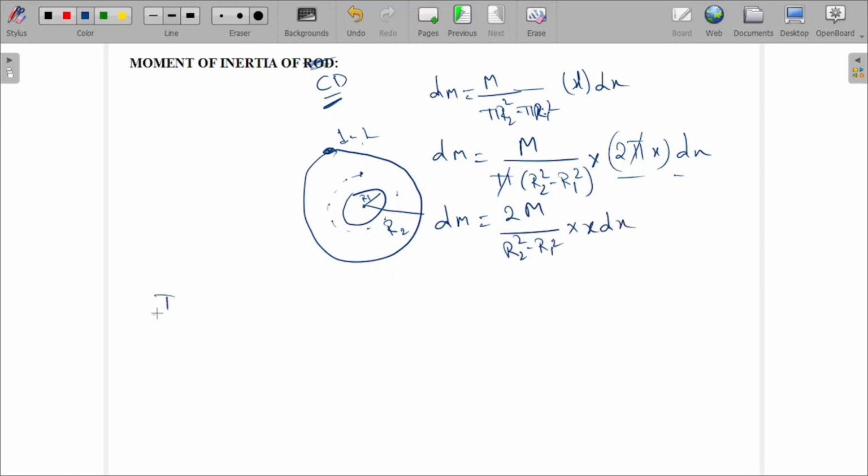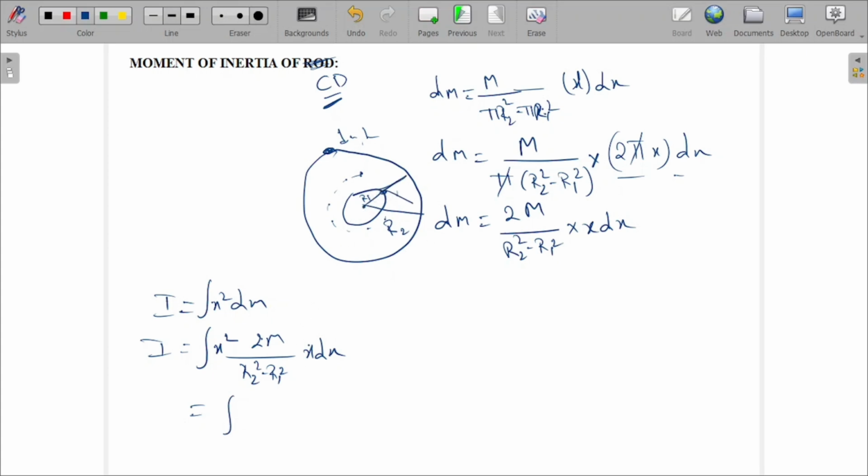What is the basic formula? I equals integral x square dm. So I equals integral x square into 2M by r2 square minus r1 square x dx. So x into x, x cube. From where to where is the integral? From r1 to r2, from here to here only.